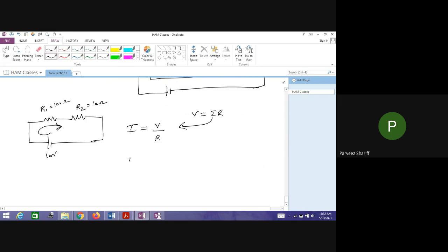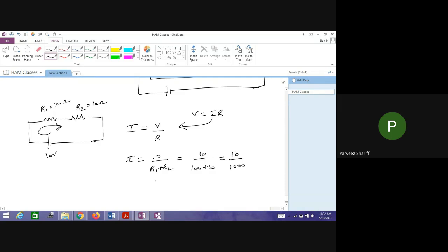So I can write I is equal to the voltage applied, which is 10 volts, divided by the resistance, which is R1 plus R2. I can write this as 10 divided by 100 plus 10 ohms, which gives 10 by 1000.